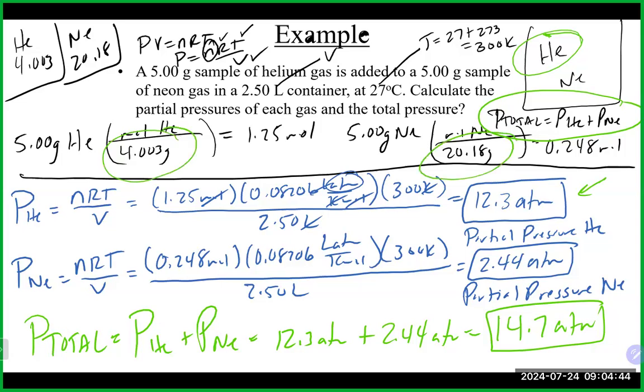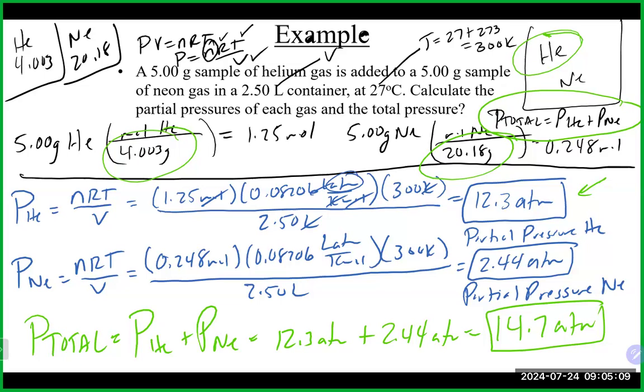Helium is a much lighter gas, which means it should be traveling a lot faster, which means because it's flying around a lot faster, it will cause a lot more collisions and contribute to a lot more of the pressure. So under these conditions, the lighter gas is going to move a lot faster. And that's why we see a much higher partial pressure for helium than we do for neon. Any questions on that there?